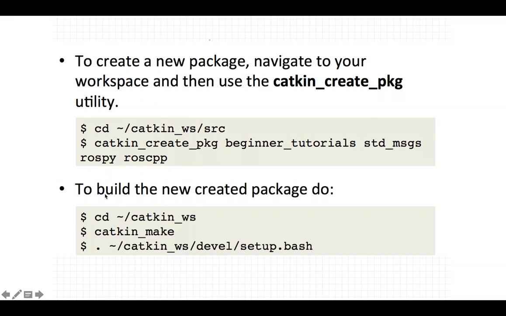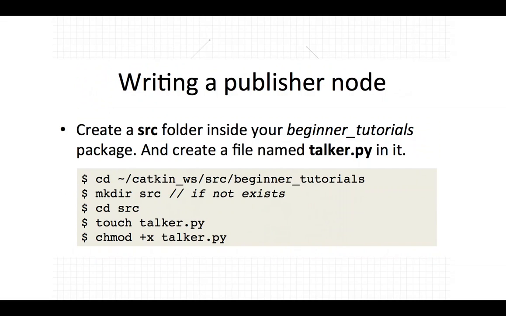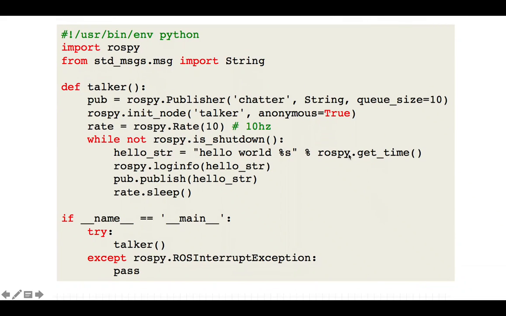And then when we go to the root folder, we will build this new package to build this default code out. During our lab session, we will create the two nodes that I just spoke about today. We'll create a node called talker.py, which will be a publisher. This node does exactly what we covered in the lectures.